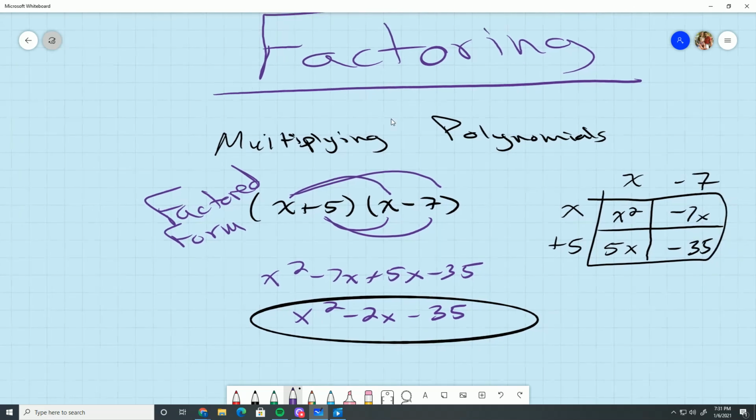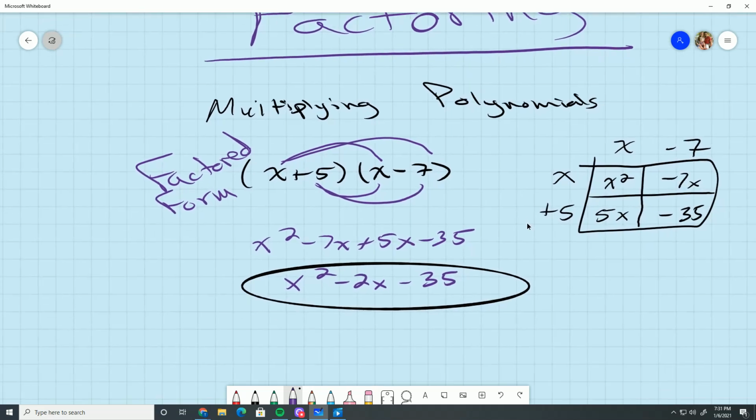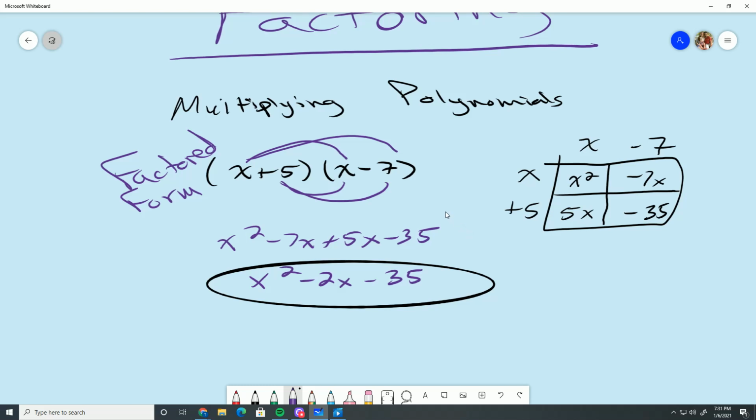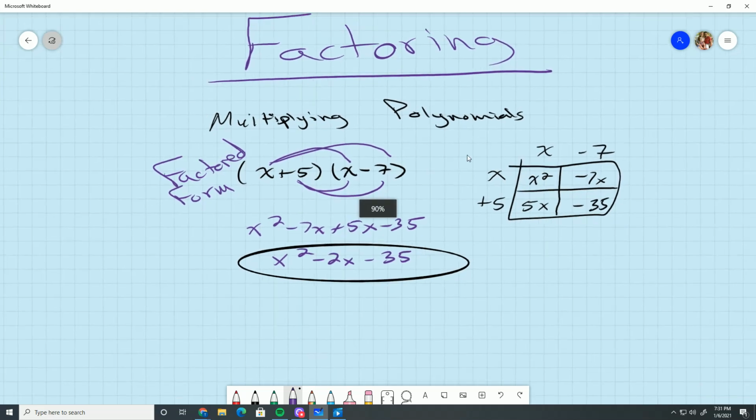Well, you're going to be asked to factor, and what that means is a lot of this unit is going to be all about you working backwards. In other words, you've all done this part before, and you're now going to be asked to take something like x squared minus 2x minus 35, and work backwards to get back to these pieces.